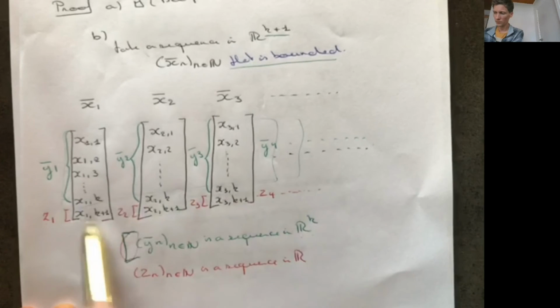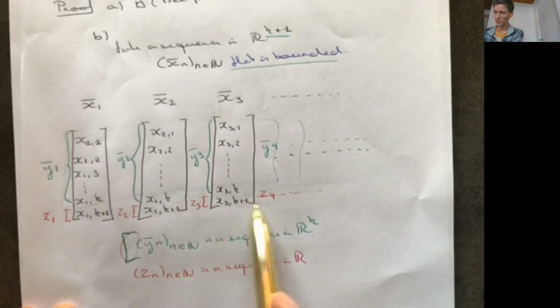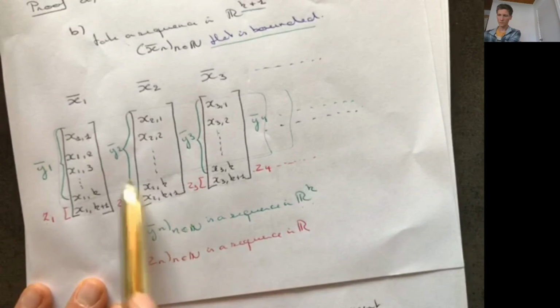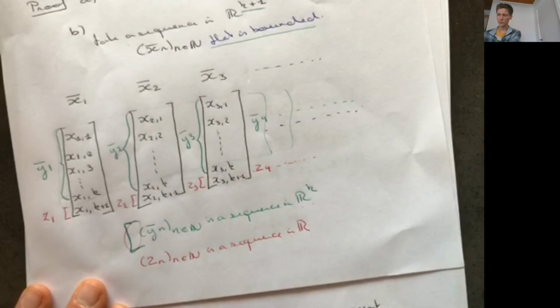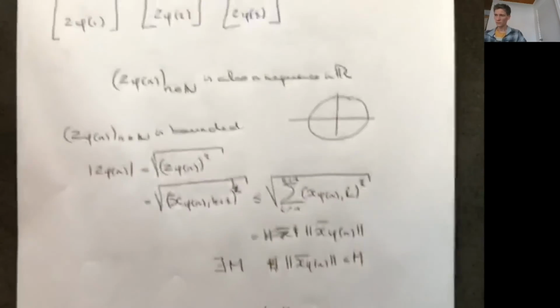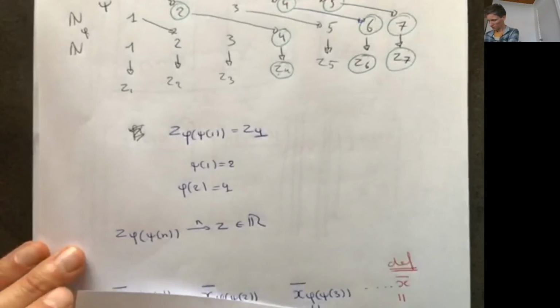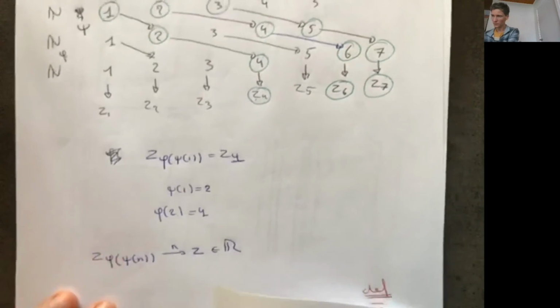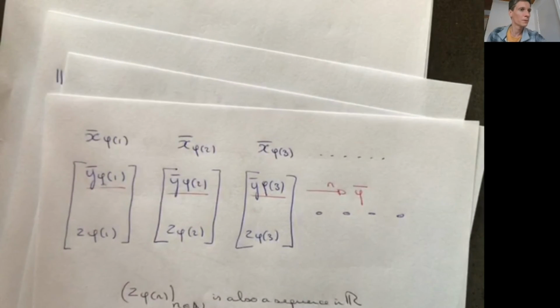If you only look at the sequence of final numbers, then this is a sequence in R. So basically we can split up this sequence of vectors in Rk plus 1 into a sequence of vectors in Rk and a sequence of numbers in R.